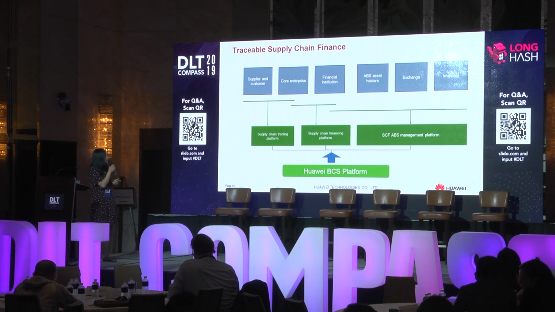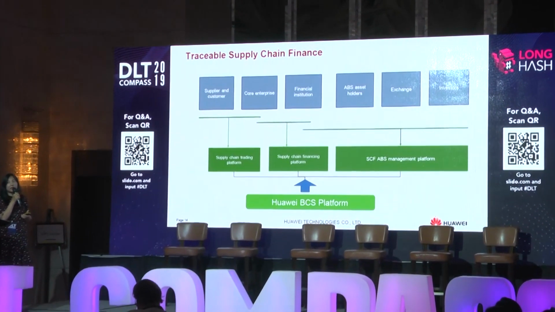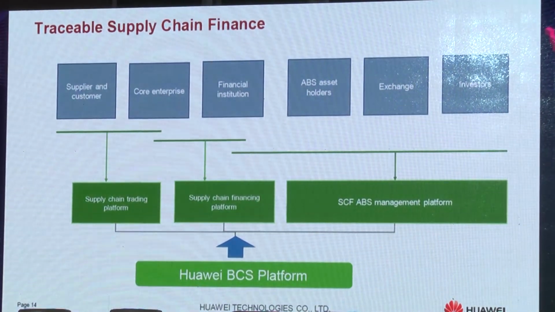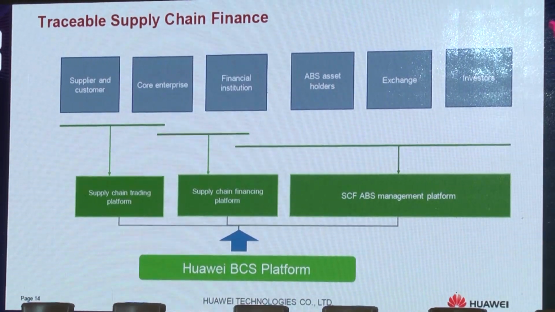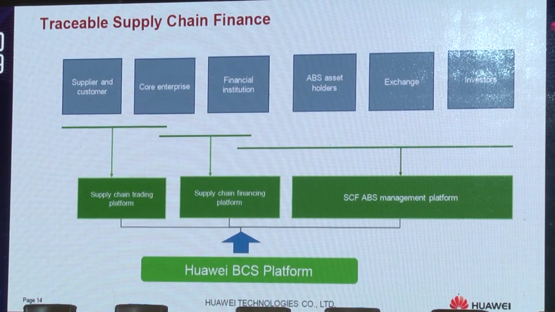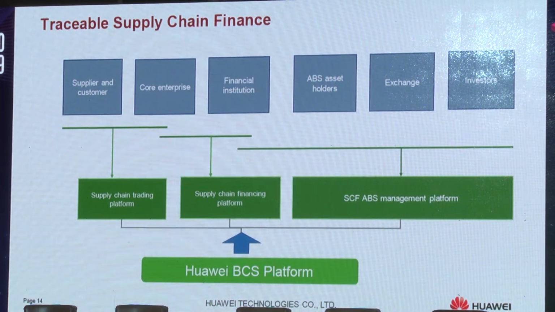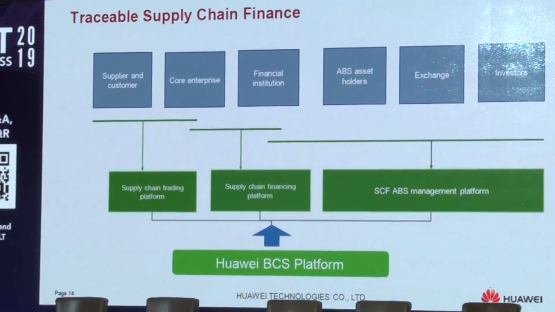The second chain is the financing platform. This means if the supplier cannot get the money back from the core enterprise on time, they may need to take a loan from the bank. So for the supplier, core enterprise and finance institution, we create the second chain, the supply chain finance platform.